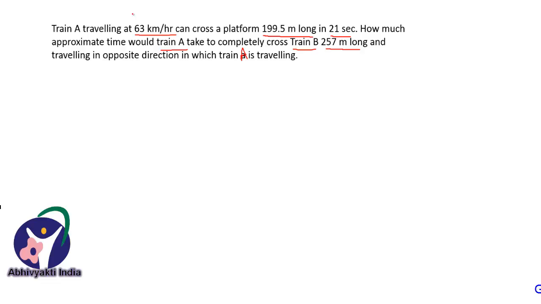Now here there are two cases. A train A traveling at 63 km per hour is crossing a platform.